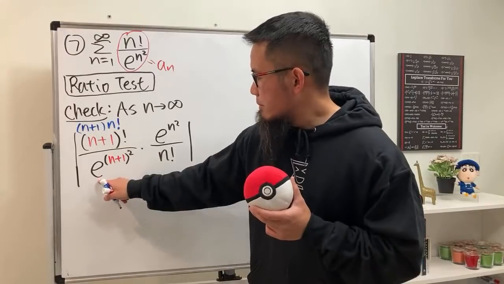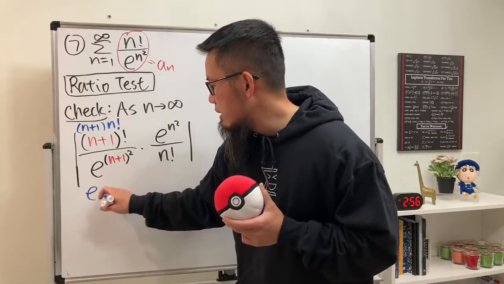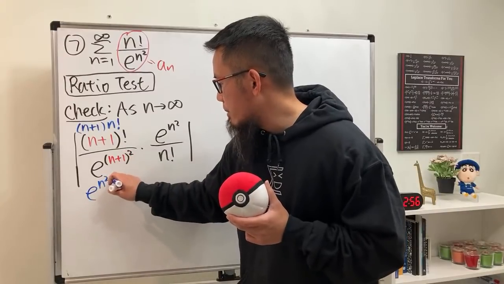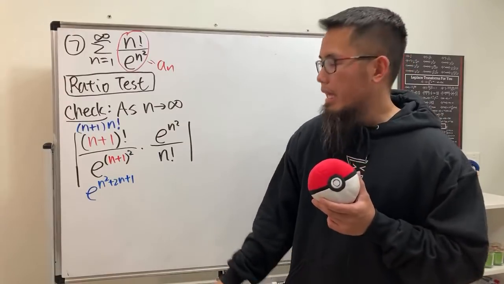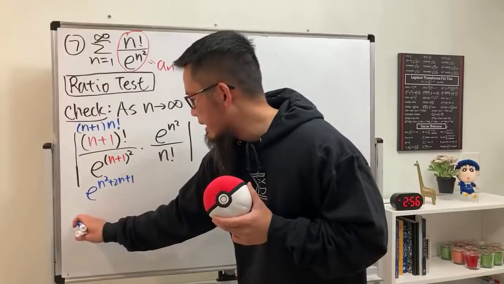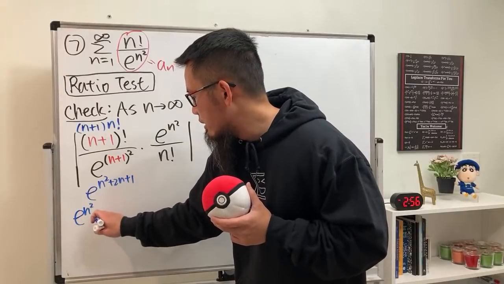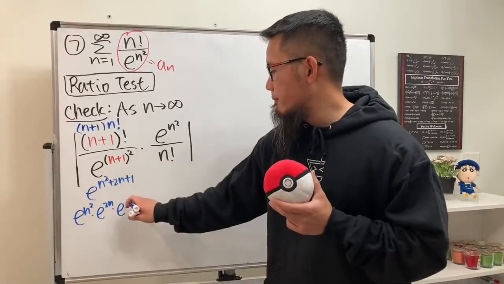Now, to simplify this exponent, we can just multiply this out, which is e to the n squared plus 2n plus 1. Then we can use the rule of exponents and rewrite this as e to the n squared times e to the 2n times e to the first power.